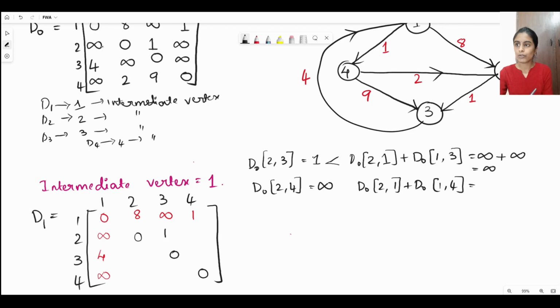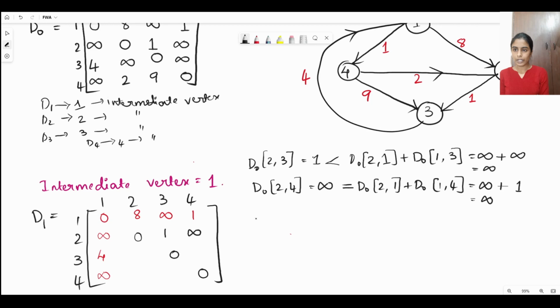Now D0 of 2, 1 we know is infinity, plus D0 of 1, 4, which is again infinity. So in this case the value is equal, there is no lesser value, so we enter infinity as it is. This means that there is no path from 2 to 4 via the vertex 1 or a direct edge. So therefore it is infinity.